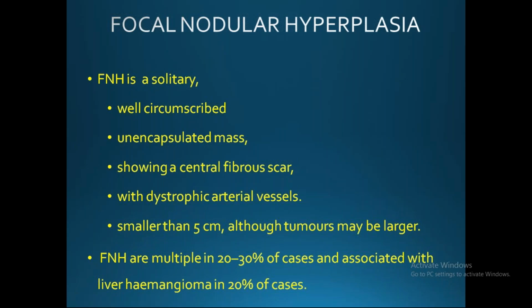And unlike hemangioma, which is mostly a single lesion, FNH has a tendency to have multiple lesions. In 20 to 30% of patients, you will find more than one lesion in the liver.